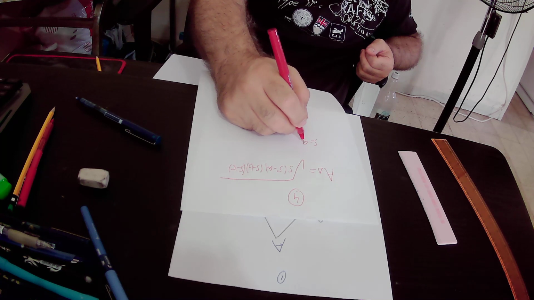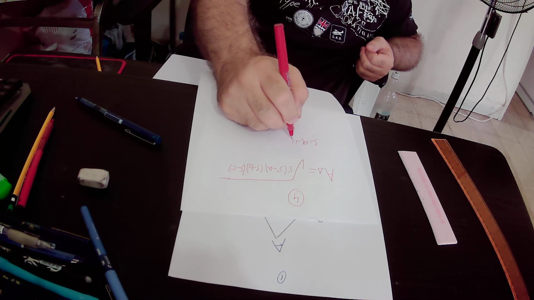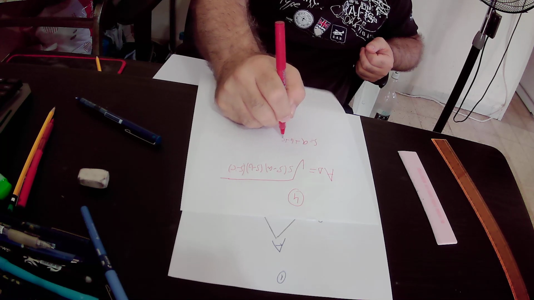In triangle ABC with sides A, B and C, it is A plus B plus C over 2.